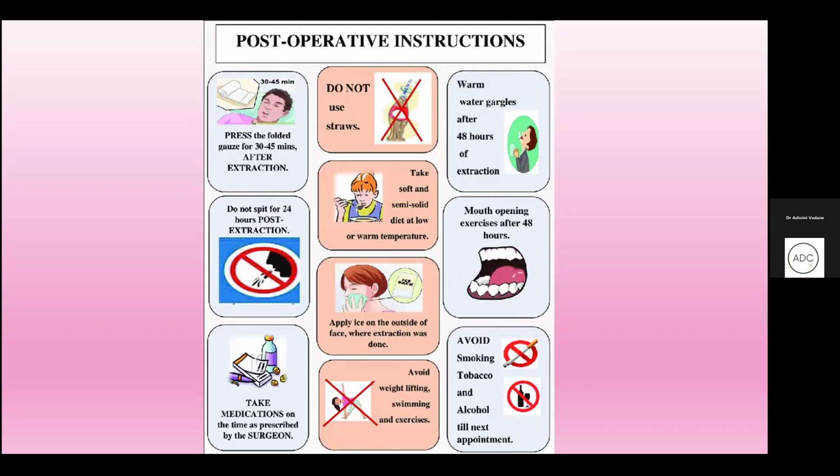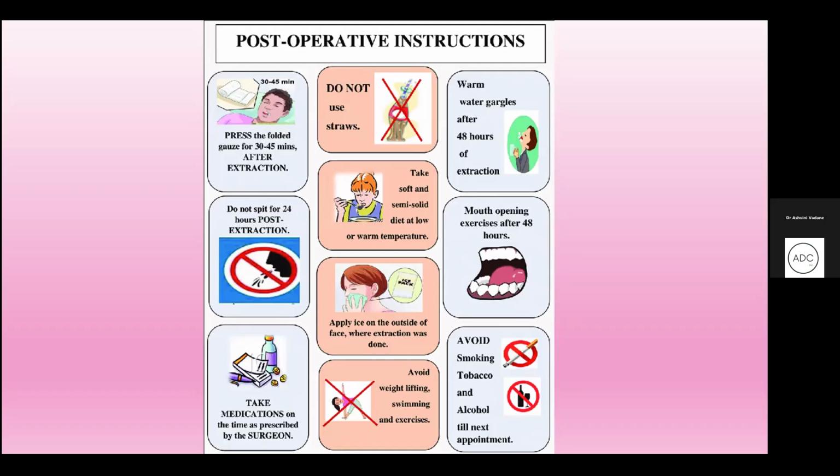As well as avoid smoking, tobacco, and alcohol till the next appointment, usually we tell, because smoking can cause negative pressure in the oral cavity. Again, the same thing, there won't be healing.